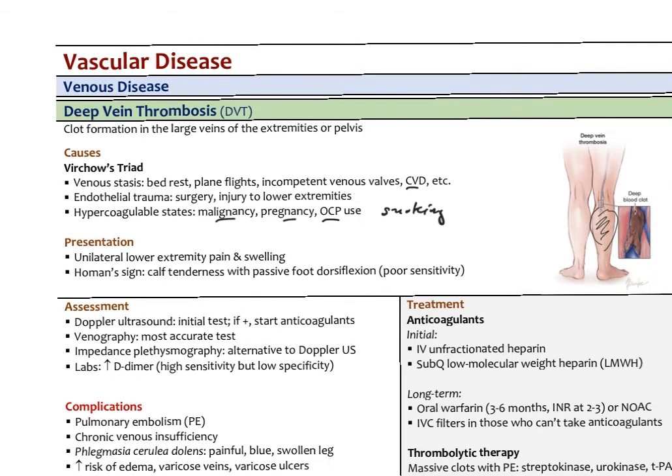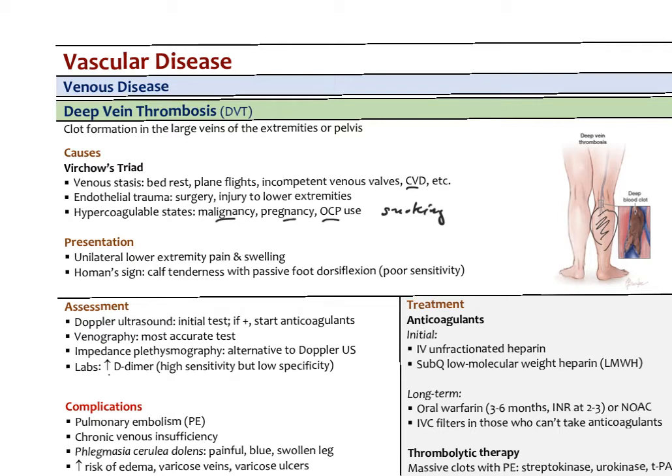Okay, so that's the Doppler ultrasound. Venography is another, using a contrast agent that can be injected in there. That's a very accurate test. There are also alternative tests using electrical currents to look for conduction rates to the leg, and that can be helpful for diagnosis. And then in labs, there is a blood test called D-dimer, which can be ordered.